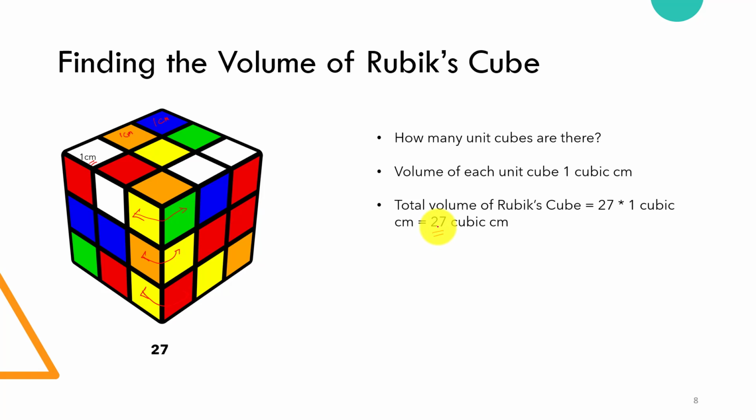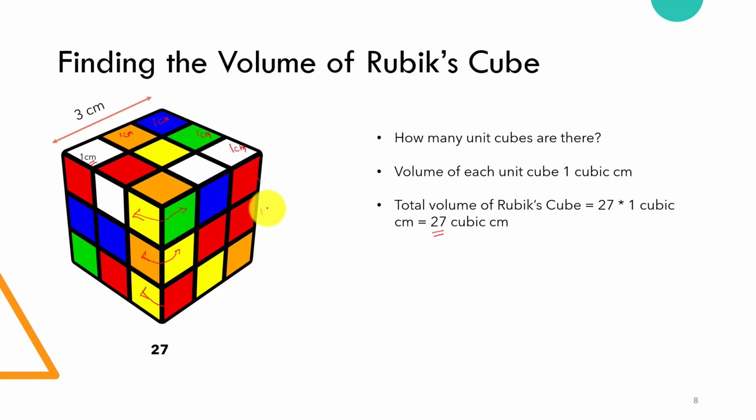Now very interesting, let's see that one. If you see it here, this 1 centimeter length is actually making this whole Rubik's cube length 3 centimeter. Similarly, as these are all our unit cubes, this will be 1 centimeter as well, these will all be 1 centimeter, even this one will be 1 centimeter.